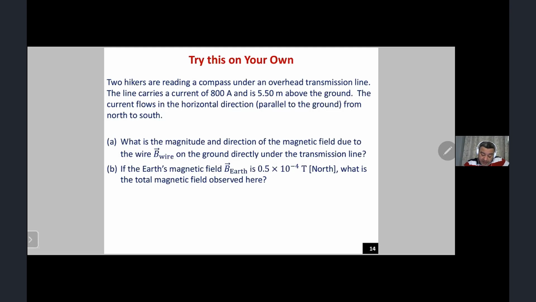The current flows in the horizontal direction parallel to the ground from north to south. Find the magnitude and direction of the magnetic field due to the wire on the ground directly under the transmission line.